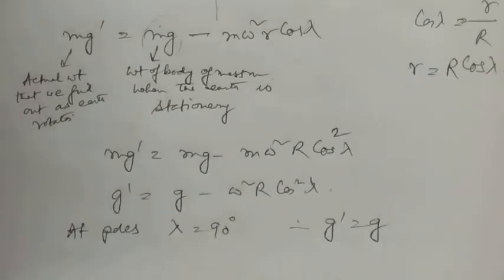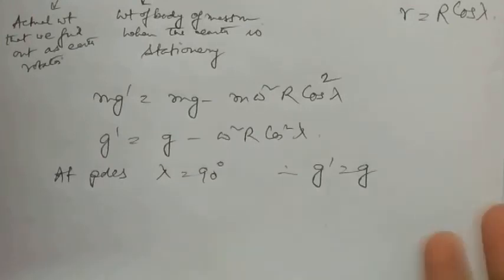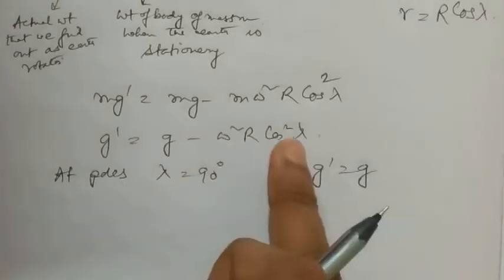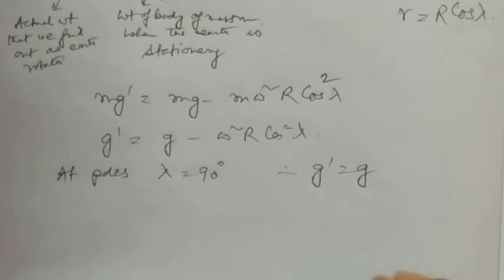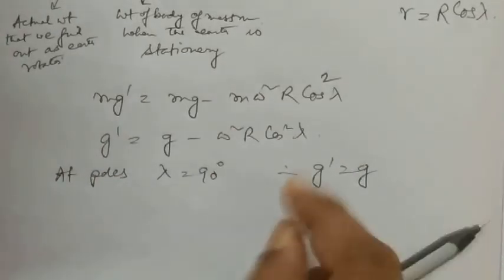So the place at which we get the actual value of g, as if the earth is not rotating, is at the poles, where g dash is equal to g.